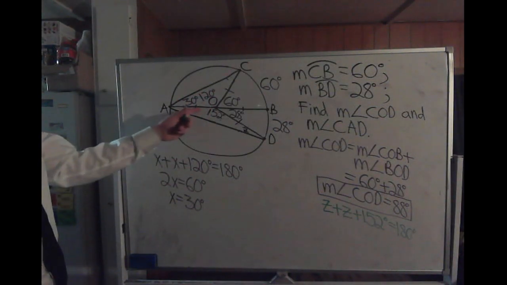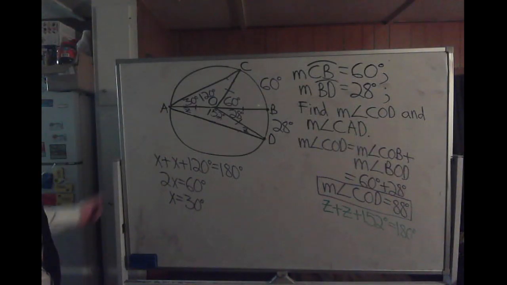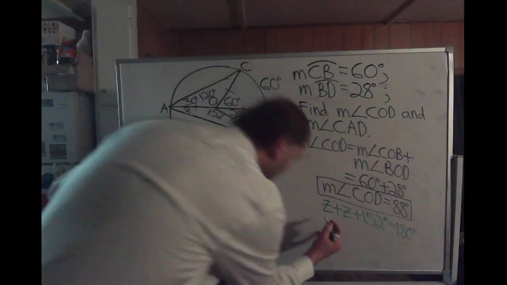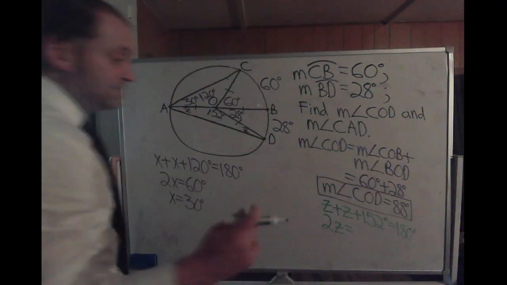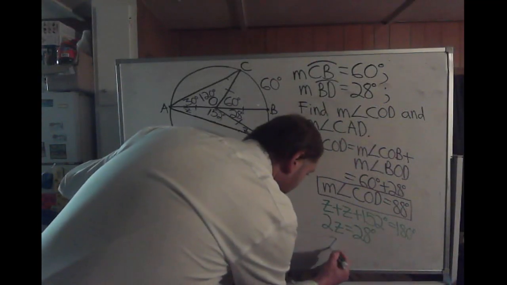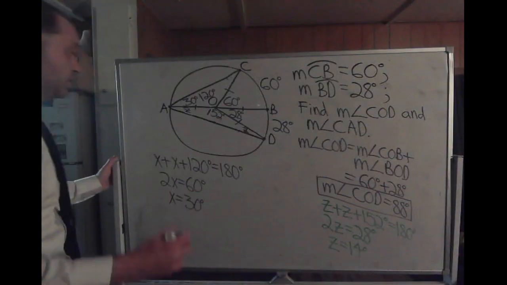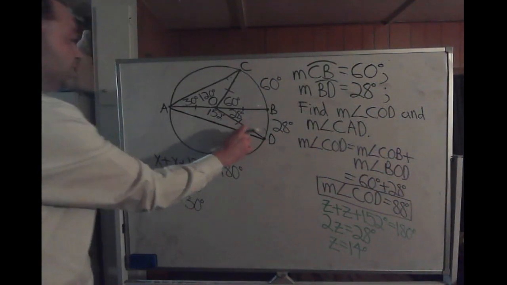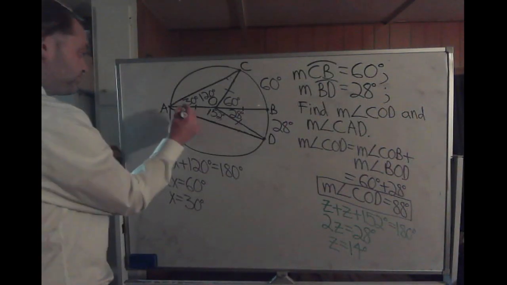So we're using the isosceles triangle theorem to figure out those angles. If we simplify Z plus Z plus 152 equal to 180, you end up getting that 2Z is equal to 28 degrees, which would have to mean the missing angle is equal to 14 degrees. So this missing angle here is going to have a measure of 14 degrees.